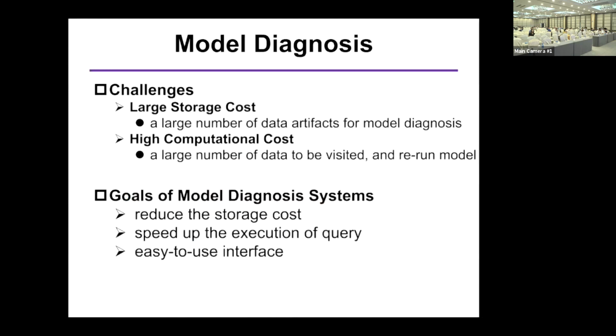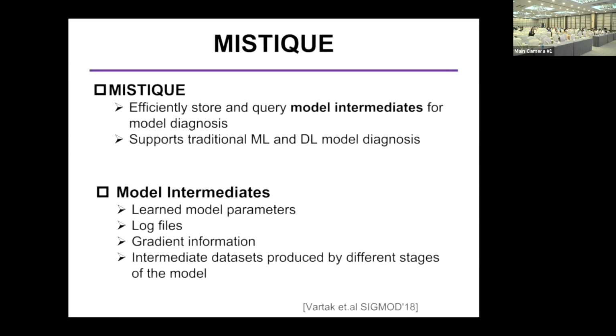So from the view of database, there is a large number of parameter vectors. So the model diagnosis needs to check many parameters, which results in large storage cost and high computational cost. So our goal is to reduce the storage cost, speed up the diagnosis query, and provide an easy-to-use interface.